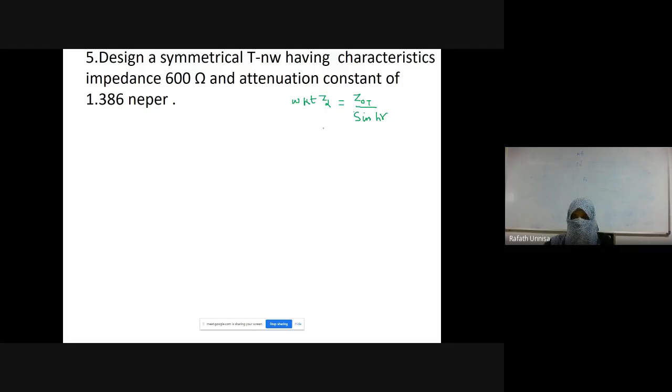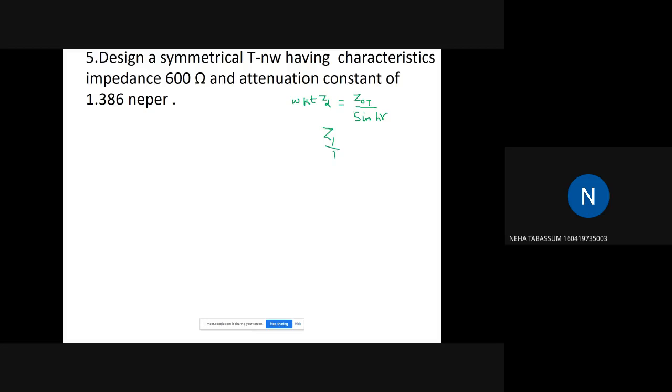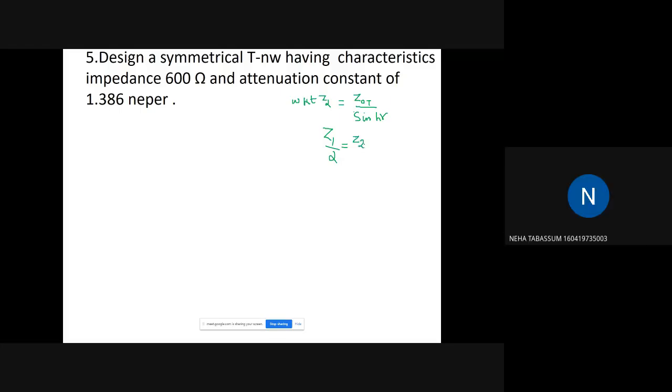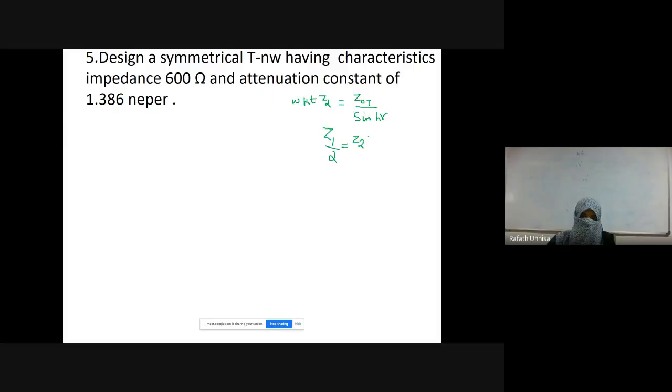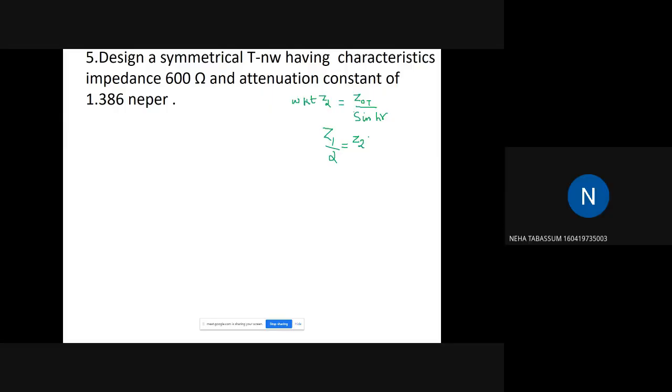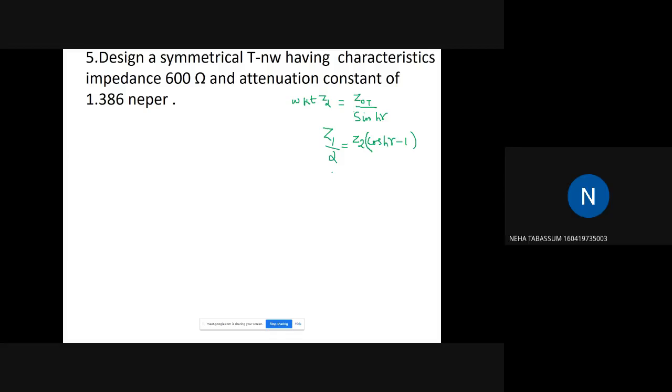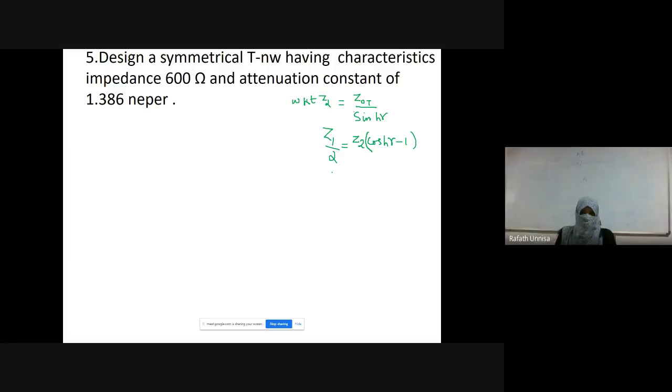What is the value of Z1? Z1 by 2, how much did we get? Z2 into cosh gamma minus 1 we simplified, and then got Z2 into tanh gamma by 2. ZOT into tanh gamma by 2.